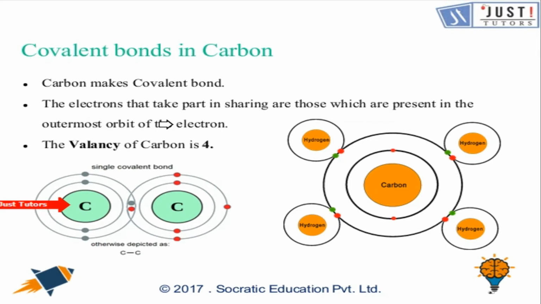The best way is to make covalent bonds, sharing its outermost 4 electrons to get stable. So the valency of carbon is 4, and it not only makes bonds with carbon, it also makes bonds with other elements like hydrogen and some others as well. We will discuss that later.